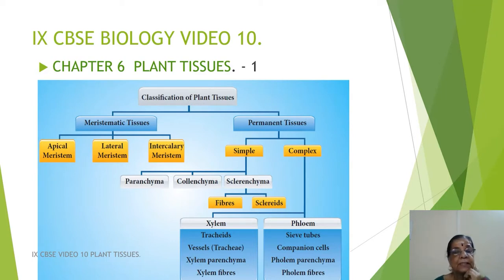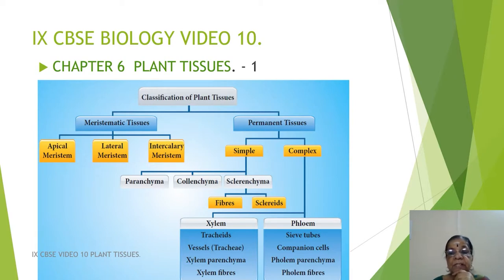Permanent tissues are further classified into simple permanent and complex permanent. And simple permanent are parenchyma, collenchyma and sclerenchyma tissues. I repeat, parenchyma, collenchyma and sclerenchyma tissues.